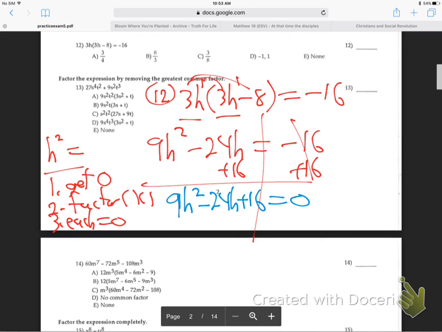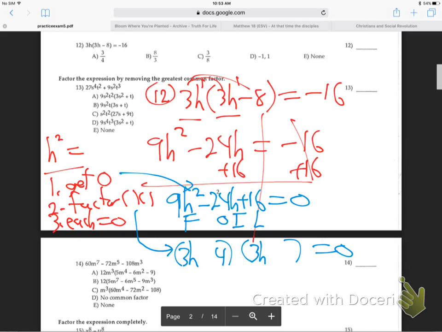Okay, so that's step 1, get a 0. Step 2, factor. So how do you factor that? FOIL. Front times front, 3h to make 9h squared. Last times last to be 16. What times what's 16? 4 and 4.